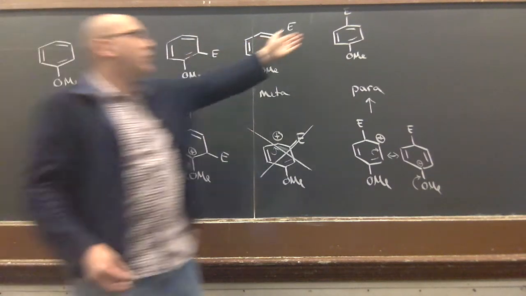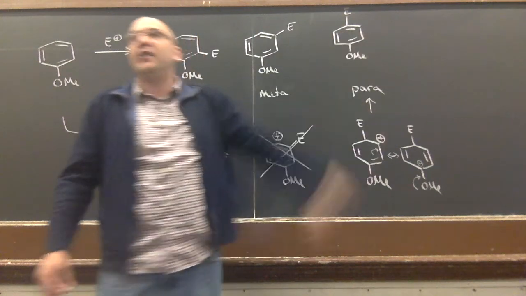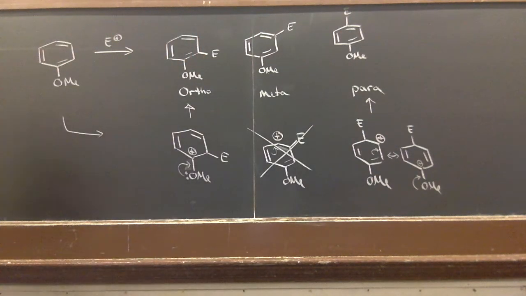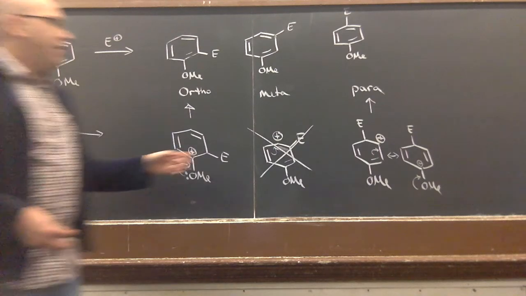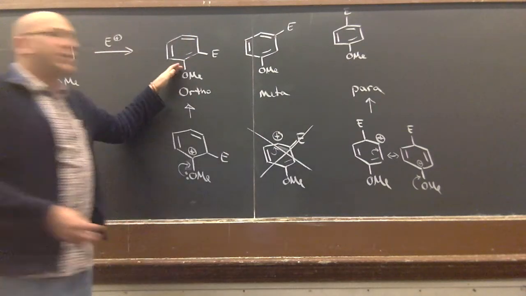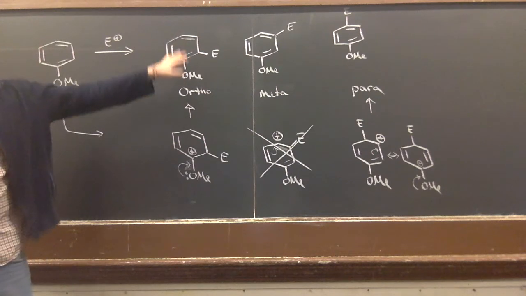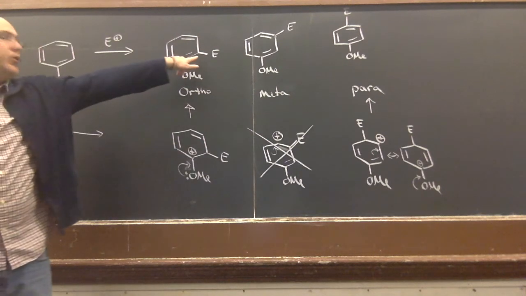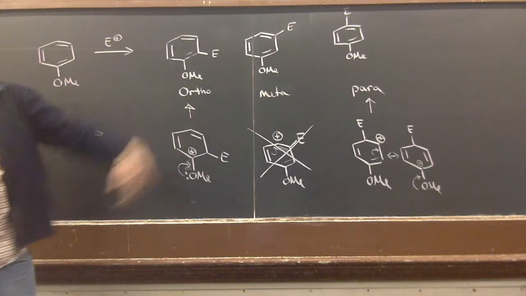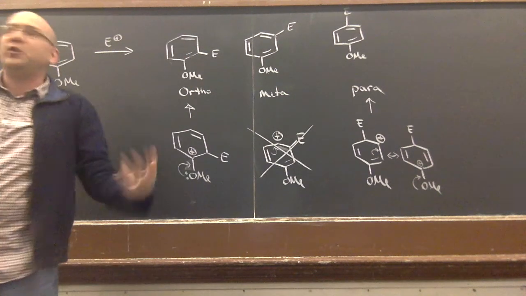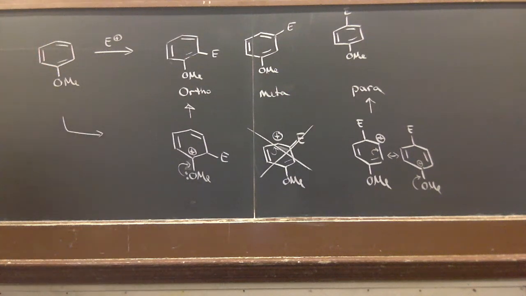Maybe I'll get solely substitution over here. By the same effect, if it was something smaller, you might imagine that based upon proximity, maybe you would go to this position. In addition, you have two positions here and only one position here, so you might expect a statistical ratio of 2 to 1. But we're not going to get into the details of that prediction.